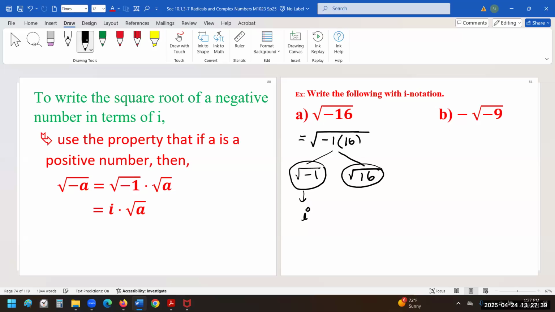But what is square root of 16? Is it real? It's 4, right? So we get something real. So something is unreal, something is real. We put them together: 4i. So you write the real number first and then i. If your number is a whole number or decimal number, you write the number first and then i. But if you have a radical, we write the radical later and i first. I mean, we can write either way, but my method wants you to write the radical later and i first.